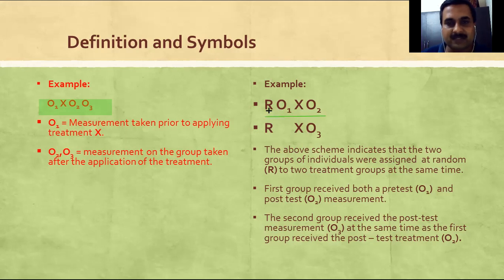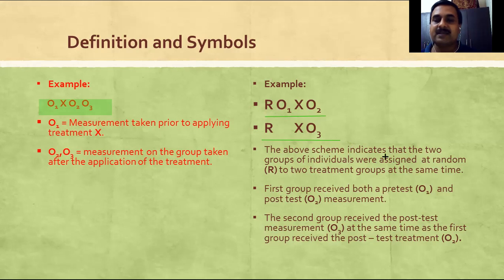R means random selection of the group. This is the difference. Here no random selection was made, but here random selection is implemented. O1 is taken before giving sales training, and once sales training is given, then O2 is observed. Means after sales training, whatever the observation would be, it is measured. But in the second example, no prior observation is taken. So only exposure was imposed, and after that O3 is measured.